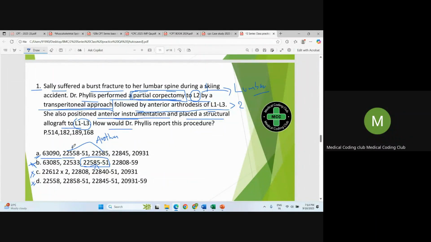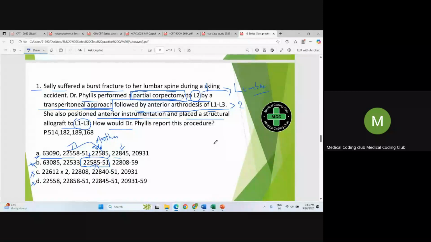So first, you are coding arthrodesis for the lumbar initial segment, and then you are utilizing the 51 modifier, and 22585 is an add-on code for additional interspace. Okay, next which procedure will come? Instrumentation.